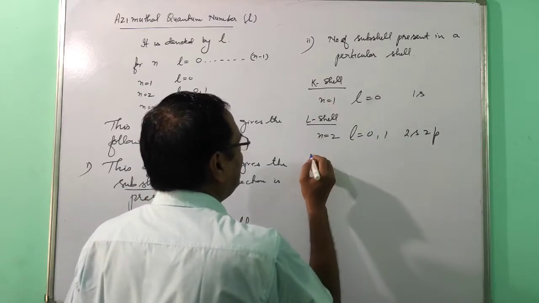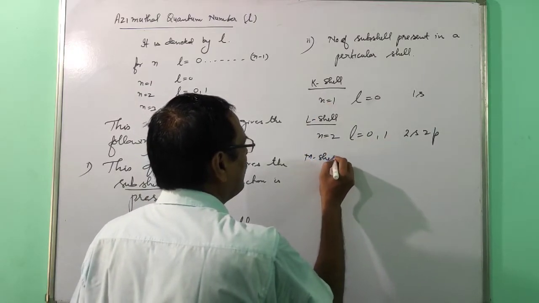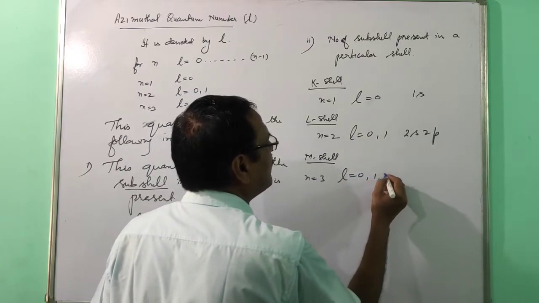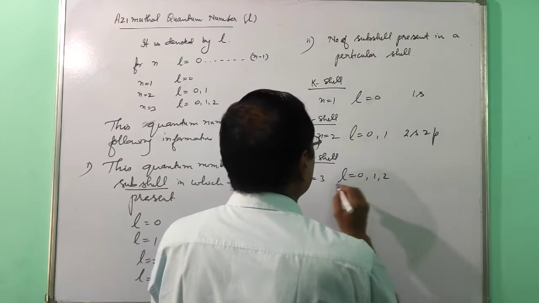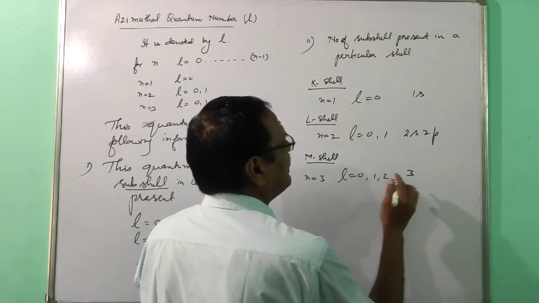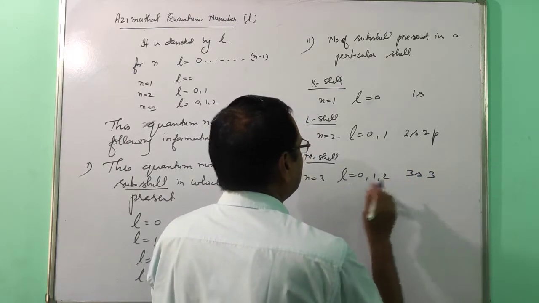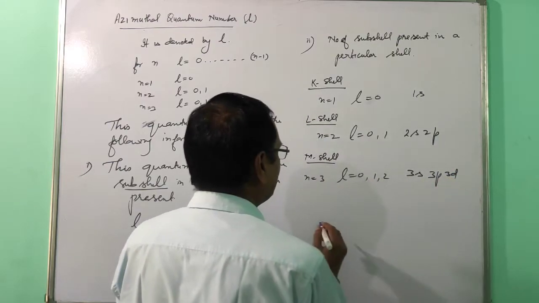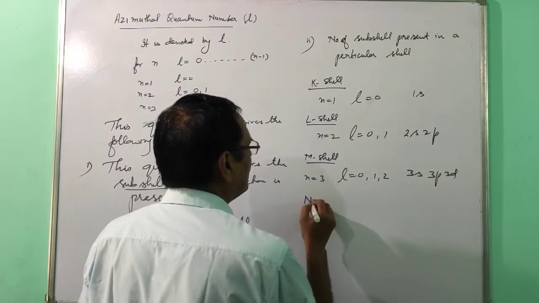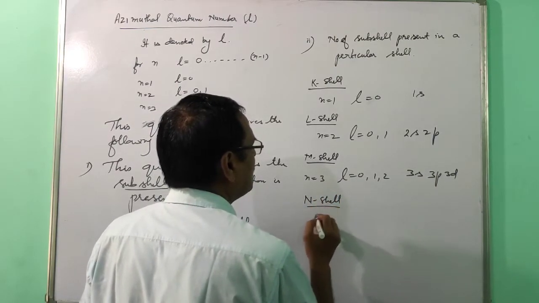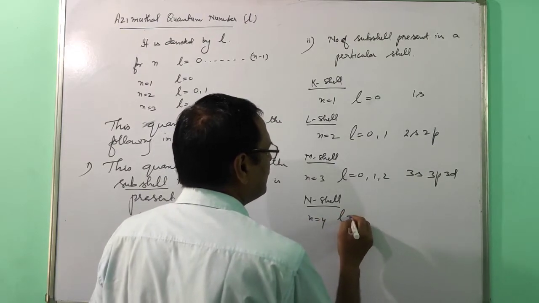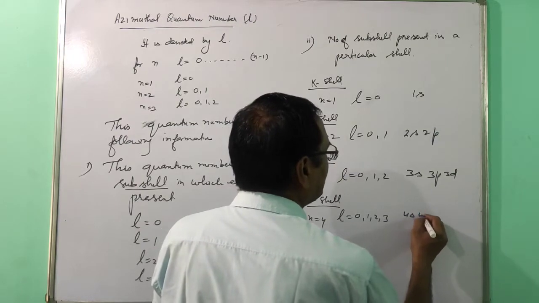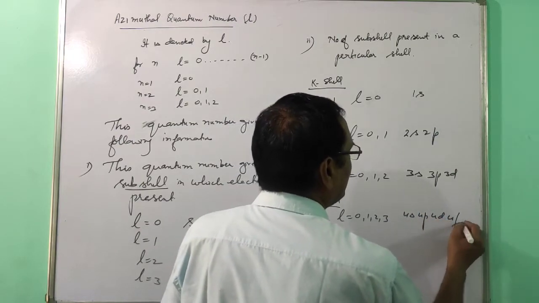In the same way, for the M shell, n is equal to 3, l is 0, 1, 2, so 3s, 3p, 3d. For the N shell, n is equal to 4, l is 0, 1, 2, 3, so 4s, 4p, 4d and 4f.